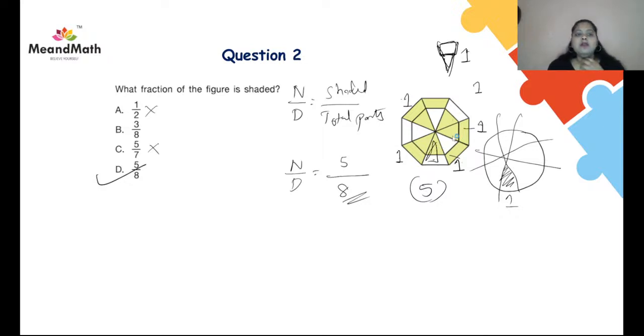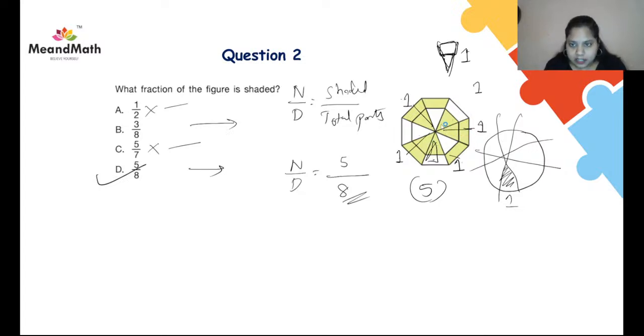Now, when you see the options, we eliminated a few options because the denominator was not 8. Now, in the other two options, 3 by 8 and 5 by 8, if we consider the picture, we can see that the shaded part, 1 we have, 2 we have, 3.